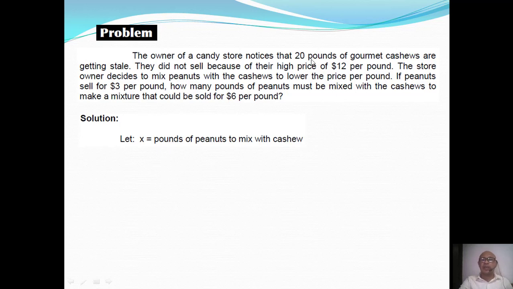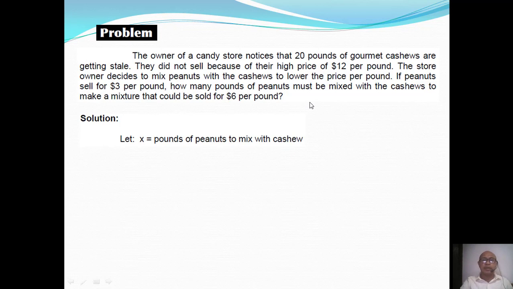Initially we have 20 pounds of cashews, and this costs $12 per pound. We need the amount x of the peanuts, which cost $3 per pound, so that when we mix it with the cashews, we can lower the price to $6 per pound.